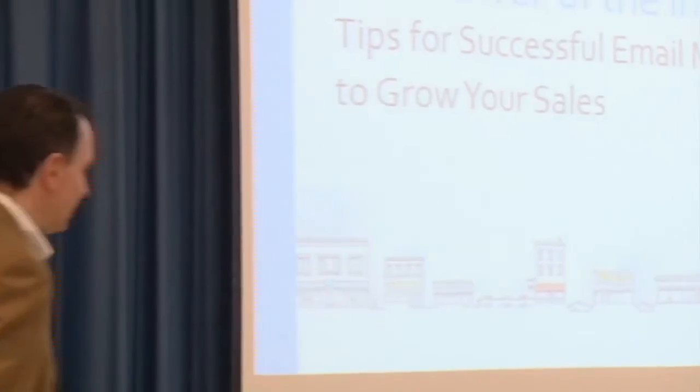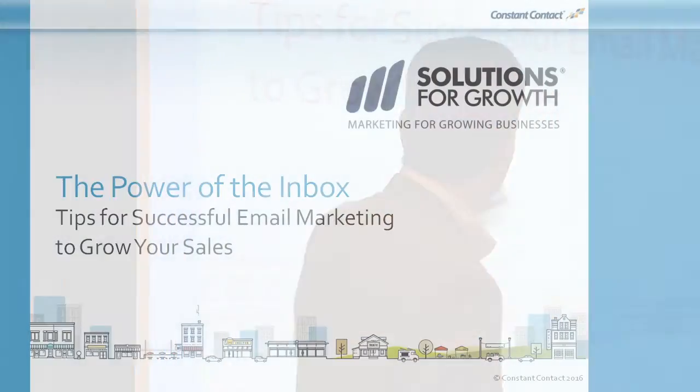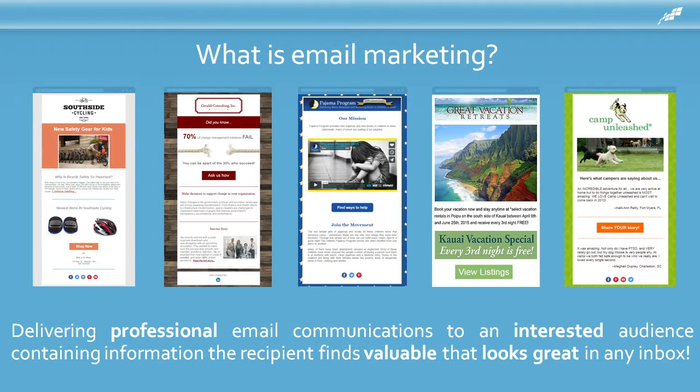Great. Thank you, Jackie, for having us, and the Trumbull Library. Thank you for shooting here, and welcome to the power of the inbox and how we could get email marketing to work well. So, what is email marketing? That's a question that sounds easy to answer, but it really is made up of 4 different things.